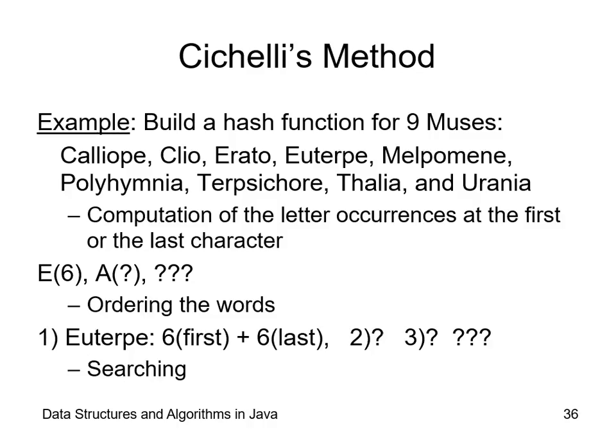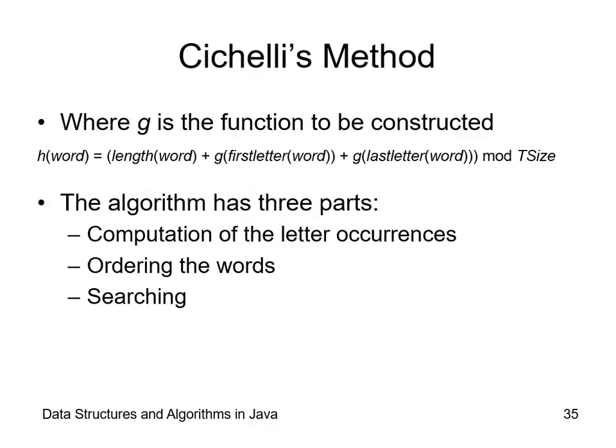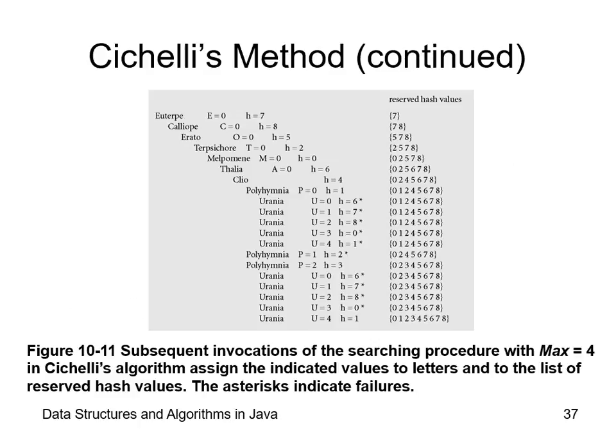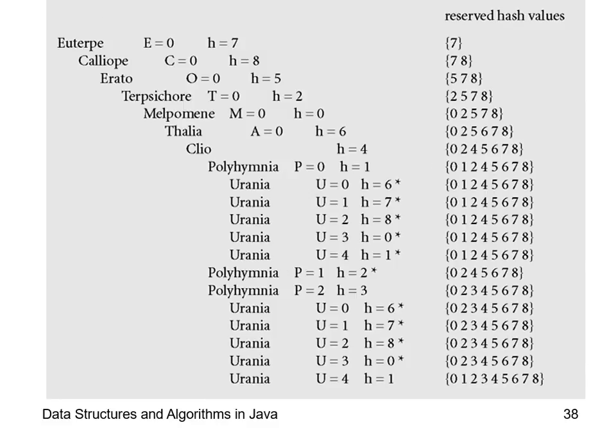So 11 plus G of T, and we assume GT is 0. And G of E, because that word ends with E, it's also 0. Mod 9 is 2.